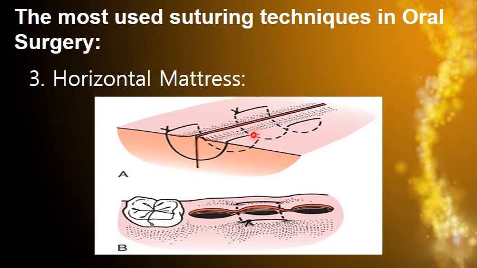Then from the same side, I will move about 3 to 5 millimeters and then re-enter the needle and take it out from the opposite side and then do the knot. If I have a socket or interdental papillae, I will enter from one side, take it out from the other side, then go to the other interdental papilla, enter from the same side, and take it out from the other side, and then do the knot.